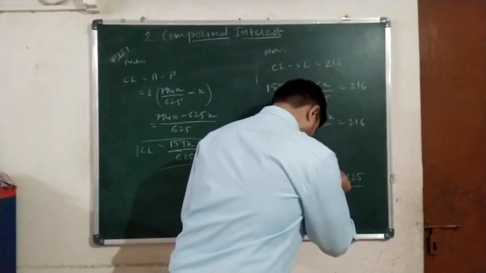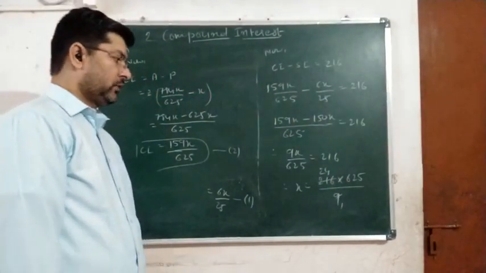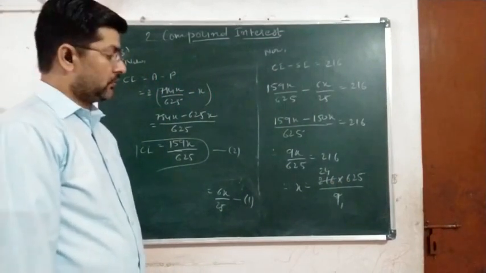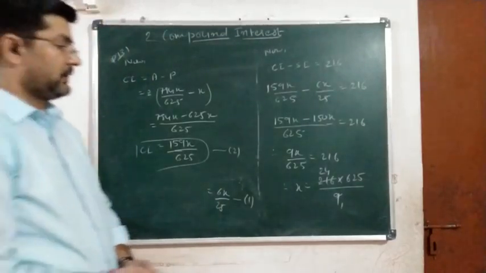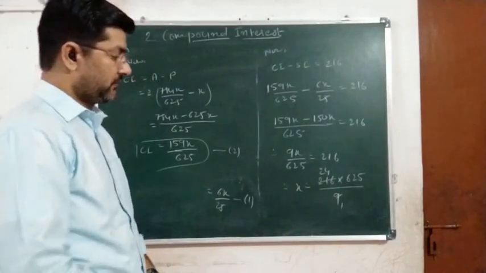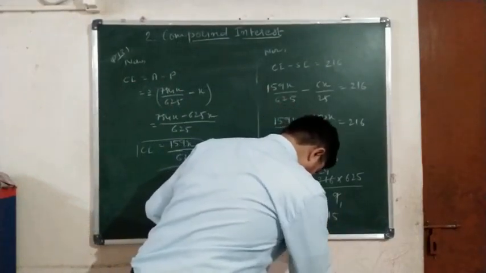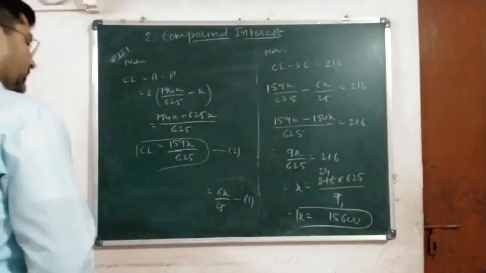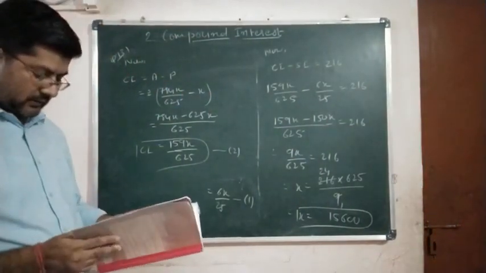9 24s are 216. Now 625 into 24: 25 24s are 600, so 625 into 24 is 15,000. Therefore x will be equal to rupees 15,000. Let us check the answer.